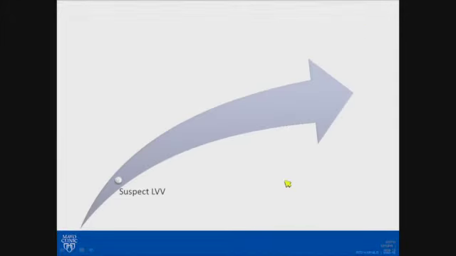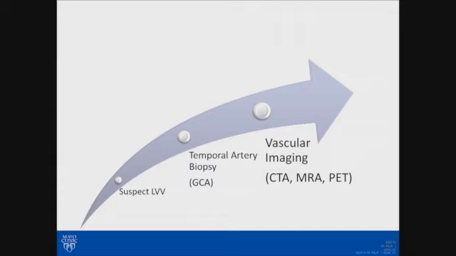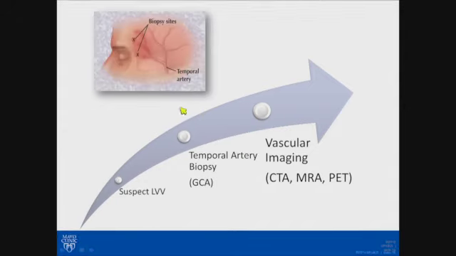So when we're in clinic, or when we're seeing somebody where we suspect they may have large vessel vasculitis, like giant cell arteritis, we may do a biopsy, taking a small sample of the artery, but we do have newer techniques that we're able to use that are non-invasive. And some of those include the ultrasound that I showed you earlier. This is where we would do a biopsy site on the side of the head here.